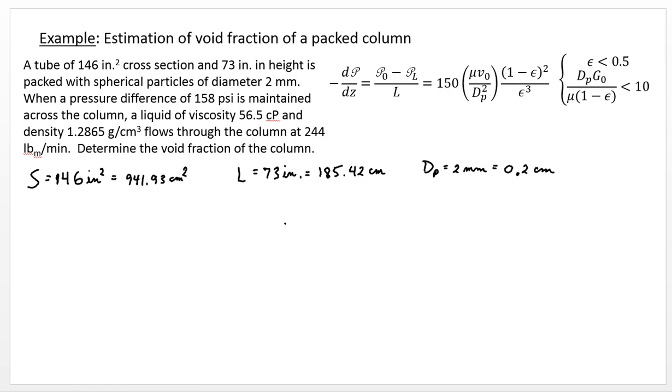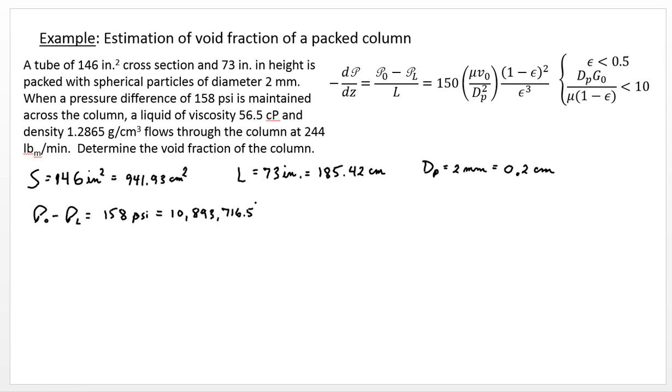centimeters. We have the pressure difference. We have P naught minus P L is 158 psi. And if we convert that to CGS units, we will see this is equal to 10,893,716.5.